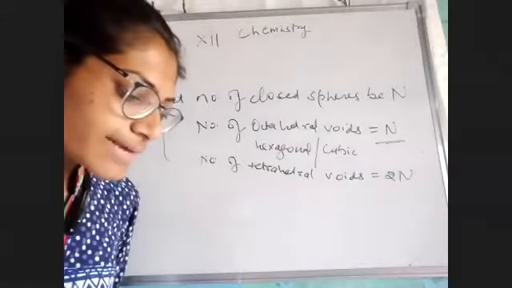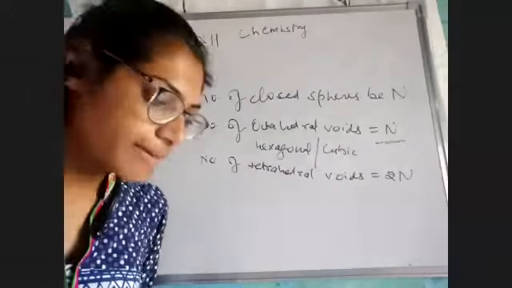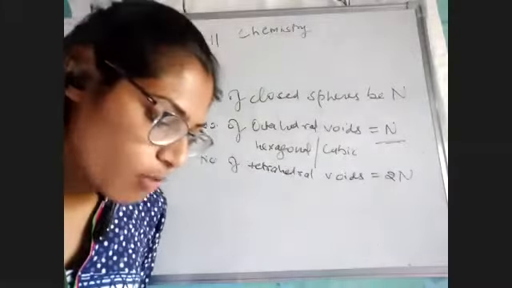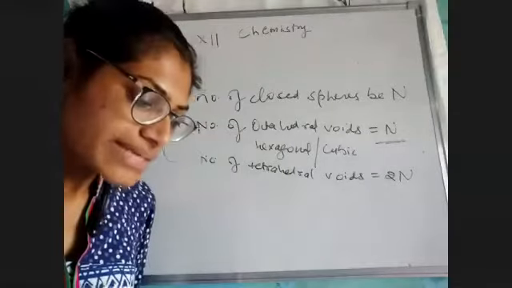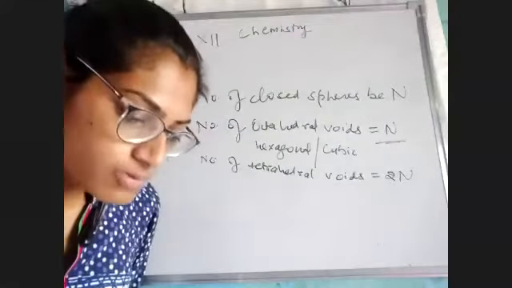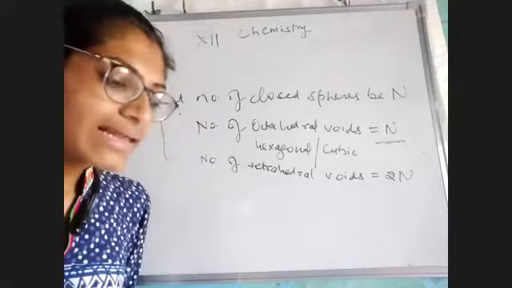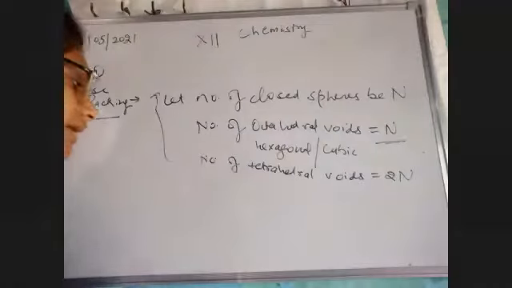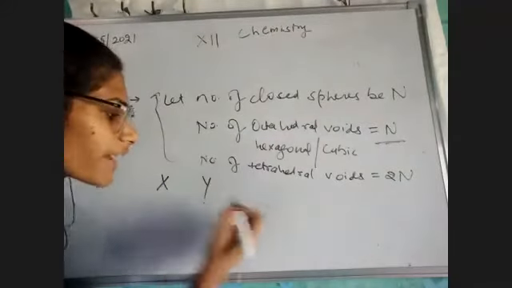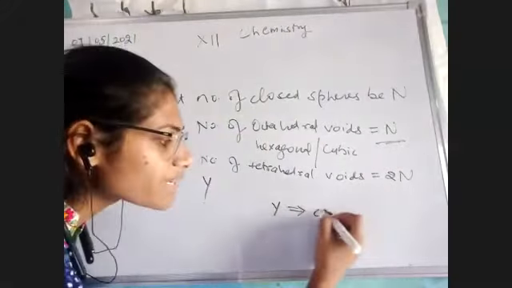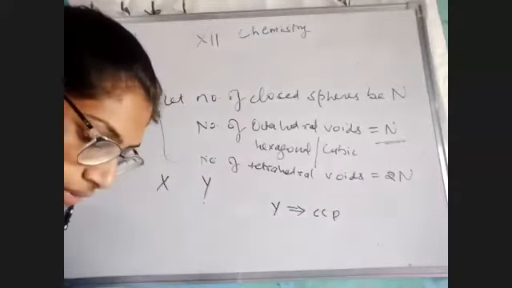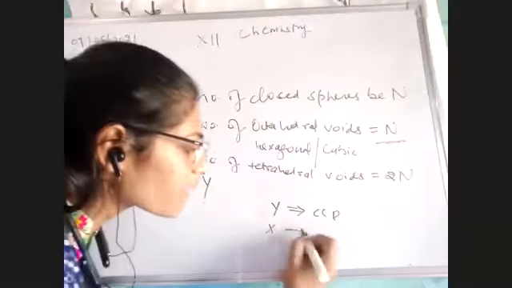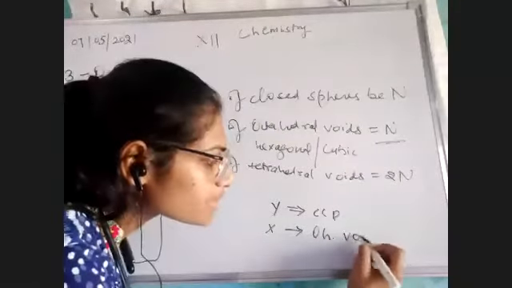We have to calculate the formula of a compound on the basis of the number of voids. The question is: a compound is formed by two elements X and Y. The atoms of element Y make cubic close packing, and X occupies the octahedral voids.